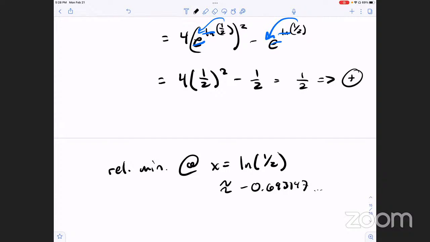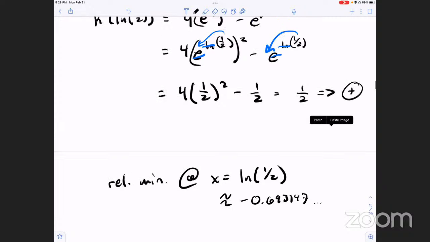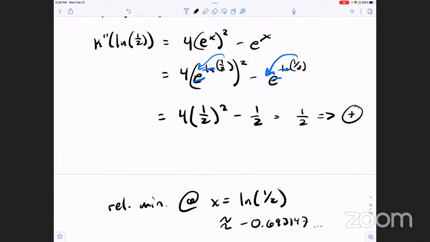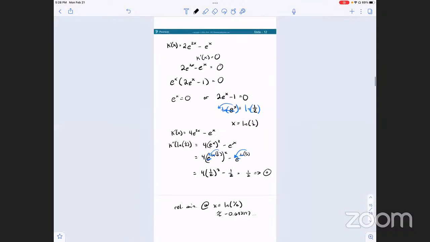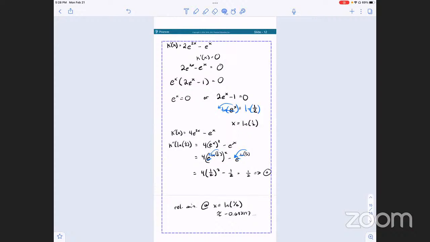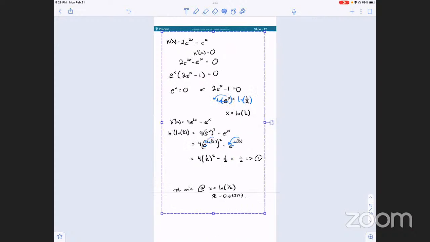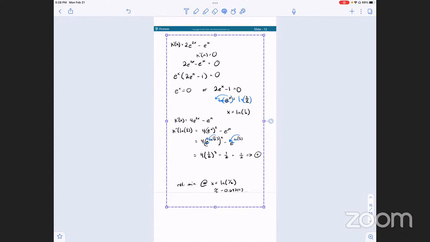We said it's a relative min, and we should put it in the first derivative test, the test on the left and the right, just to make sure. For the sake of time, I don't think I'm going to find those additional points. I'm just going to go with it. I just want to shrink this down and get it on my page, just in the interest of time.